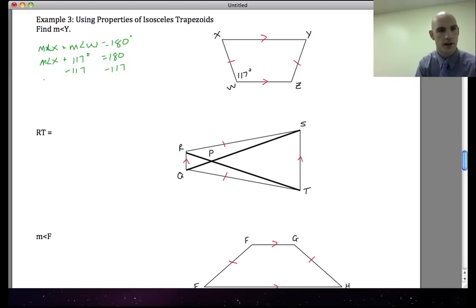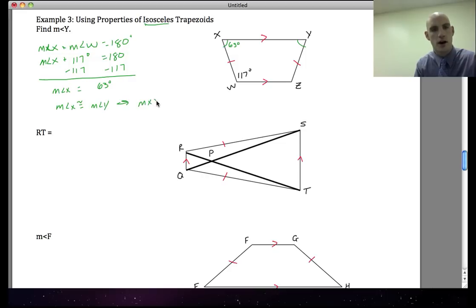Let's do a redo on that. Okay, so the measure of angle X is equal to 63 degrees. And so this is 63. We don't necessarily want X, but we know that because this is isosceles, that this angle X is congruent to angle Y, so the measure of angle X is congruent to the measure of angle Y.